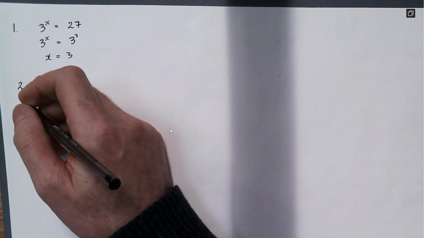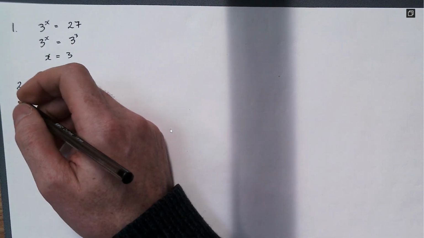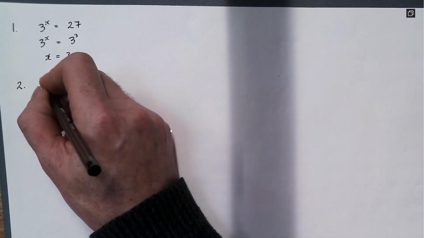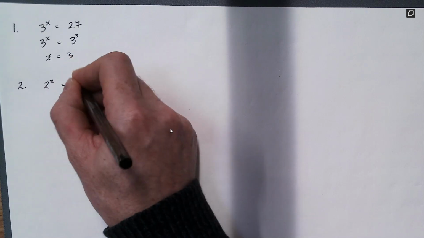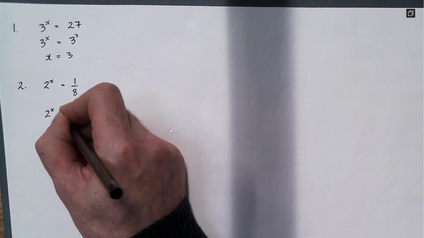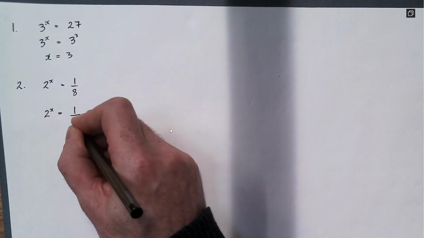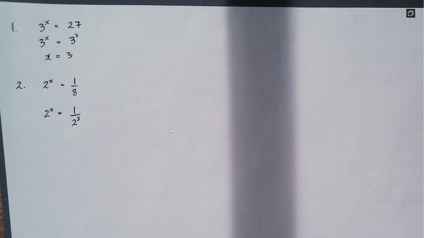Now, 2 to the power of x equals one eighth. One eighth is 1 over 2 cubed, which is 1 over 2 to the power of 3.